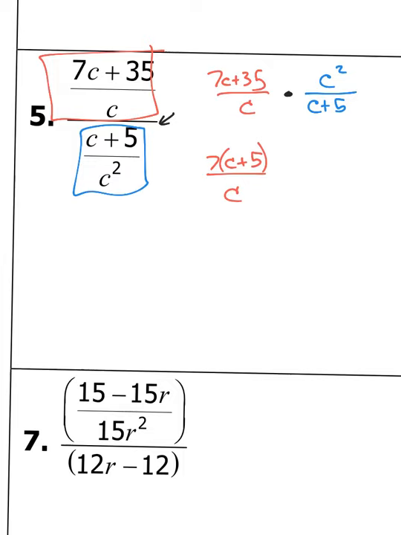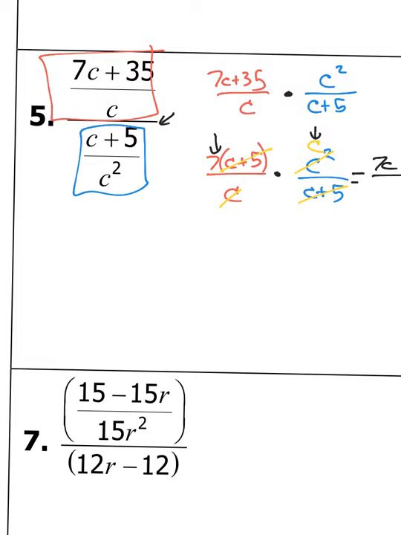For the second fraction, can't do anything with it, unfortunately. So the c plus 5 can cancel out. C and c squared will leave you with 1c up top. And I have the 7 and the c, which will give me 7c.